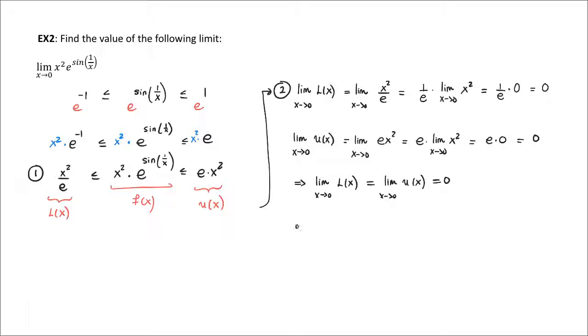So therefore, by the squeeze theorem, we conclude that the limit as x goes to 0 of the actual function x squared times e to the sine of 1 over x is going to be equal to 0 as well. How beautiful.